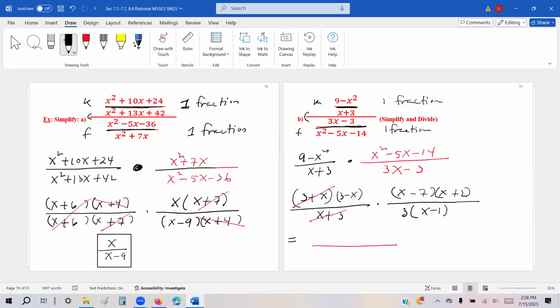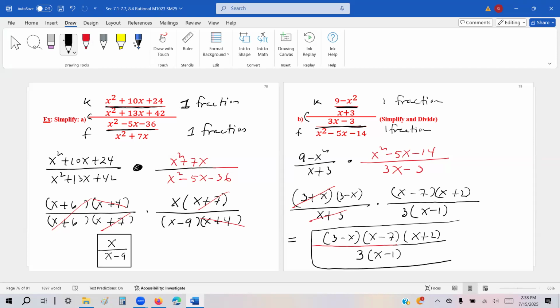What is left in the numerator? 3 minus x, x minus 7, x plus 2. And the denominator, we have the second denominator. You don't have to multiply. Don't waste your time by multiplying. Keep it.